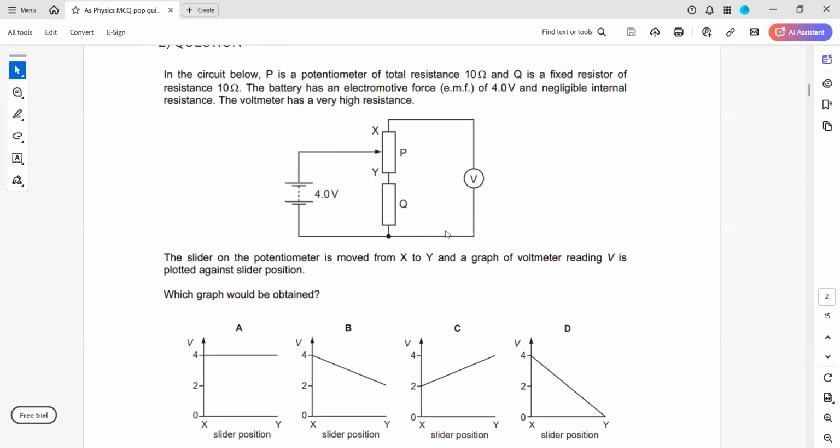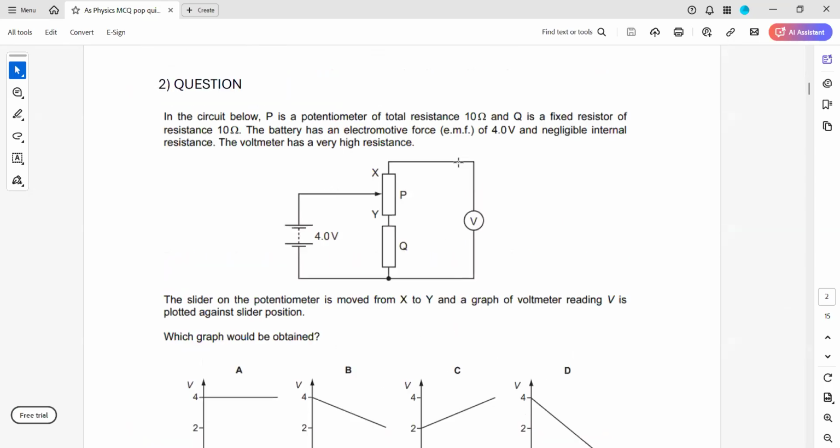Okay, question 2. In the circuit below, P is a potentiometer of a total resistance of 10 ohm and Q is a fixed resistor of 10 ohm. So this is a 10 ohm resistor and this is also 10 ohm. The battery has an electromotive force, EMF, of 4 volts with a negligible internal resistance, like what is listed on the battery.